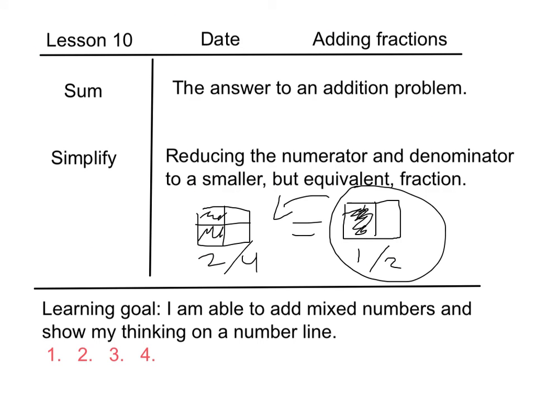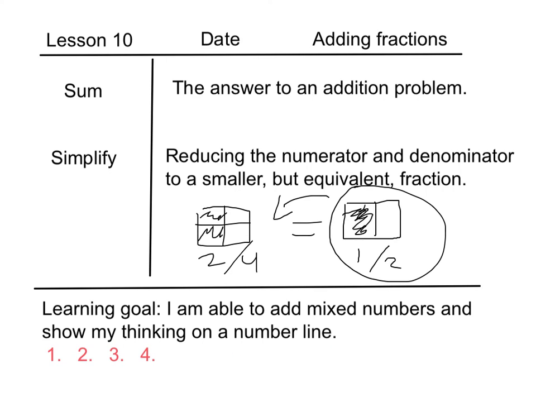All right, guys, this is the point for reflection here. So we have our 1, 2, 3, 4 system down here. I just want to remind you guys how important it is to think about how well you understand a lesson or an idea. Now, we have really got 2 things that we need to achieve in our learning goal here. I am able to add mixed numbers, so that's one thing, and show my thinking on a number line.